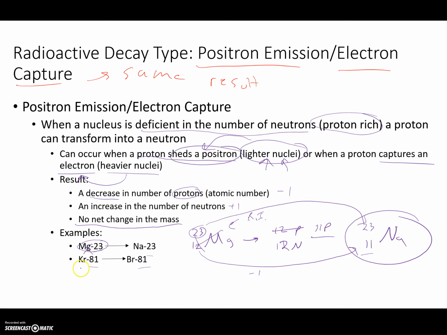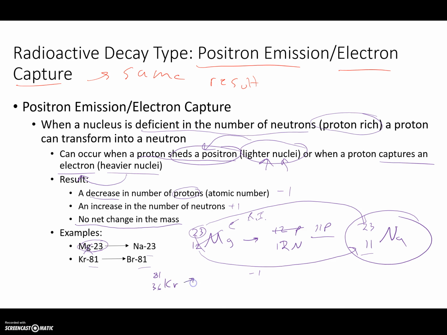Now, if I look at krypton and bromine, I'm getting up on the periodic table a little ways. It's a heavier element. Right? So krypton-81 has a mass of 81, and it has 36 as its proton number, right? Now, heavier elements need more neutrons, all right?